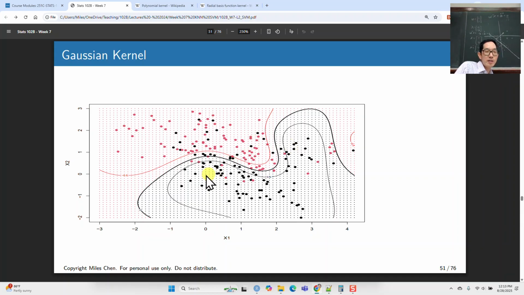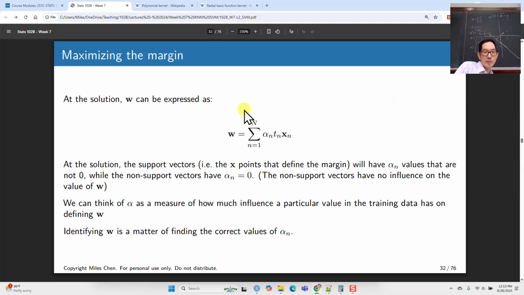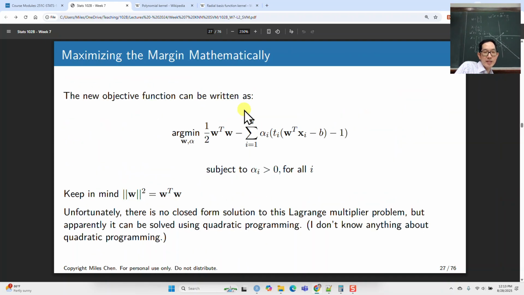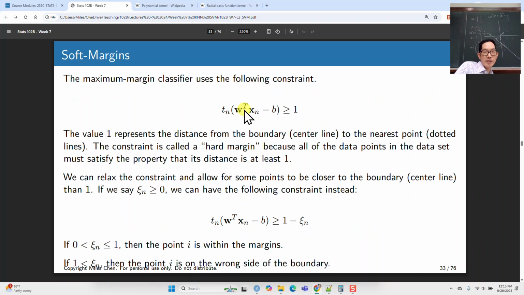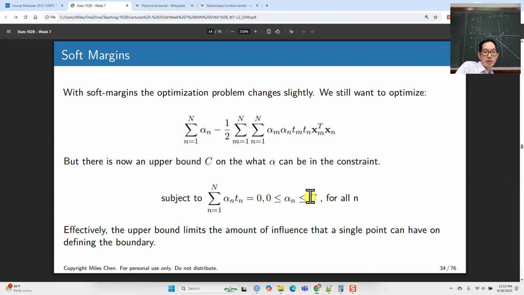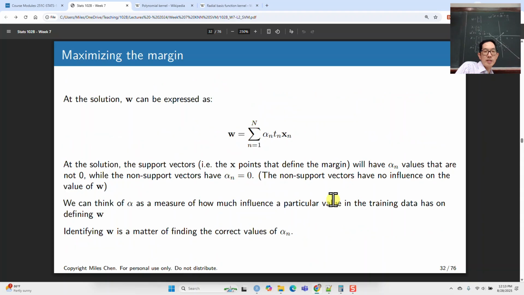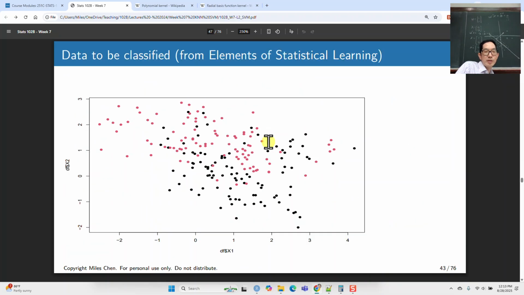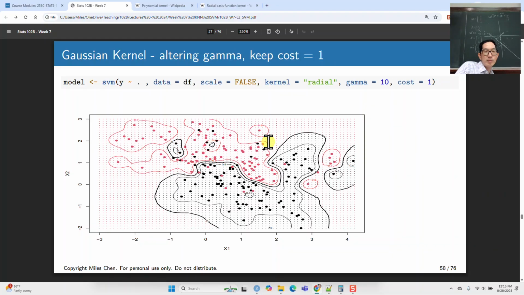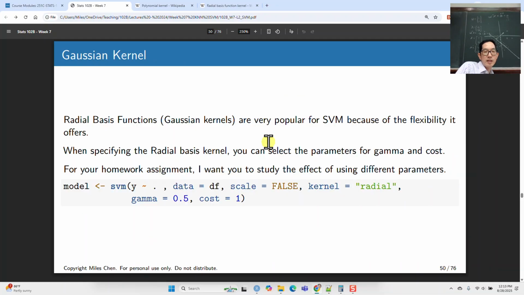And so the cost is basically how much influence any one dot can have on the line, okay? So remember, several slides back, we said by using this soft margin, we're putting an upper bound on how much influence any one point can have on determining this boundary. And so with a high cost, we're saying that one point can have a lot of influence, okay?